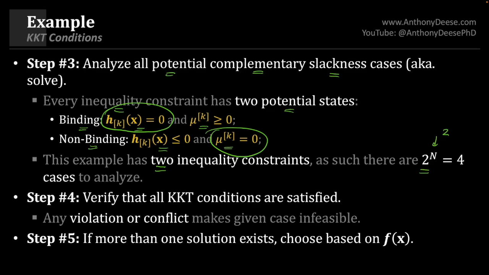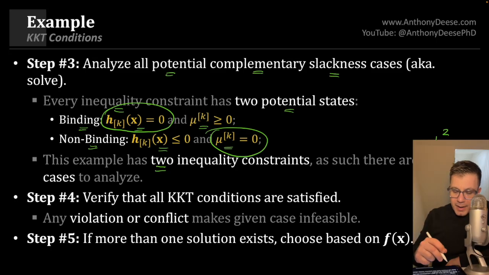The next step, after we've analyzed, is going to be to verify that all the KKT conditions are satisfied. So we're going to be using the KKT conditions to solve, and we're also going to be using them to verify our answer. So any violation or conflict makes the given case infeasible. And these conflicts can be something as simple as 4 equals 5, right?